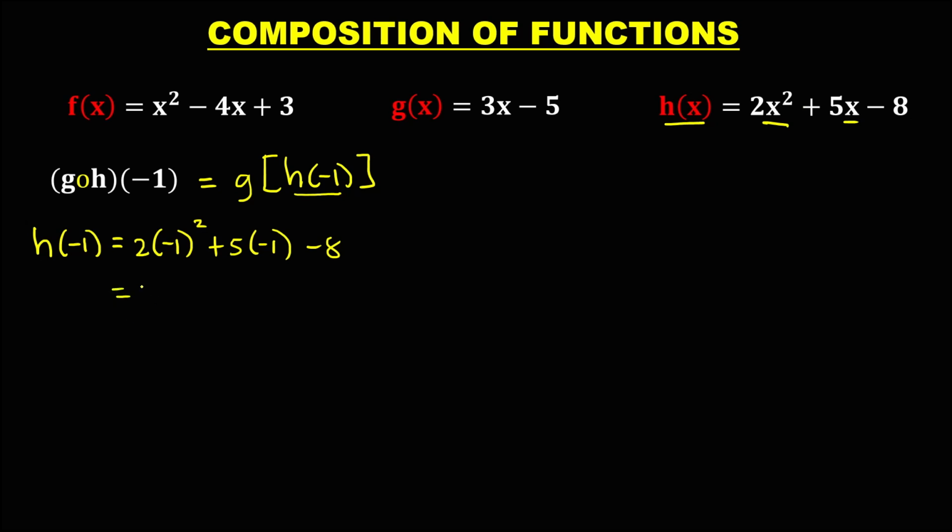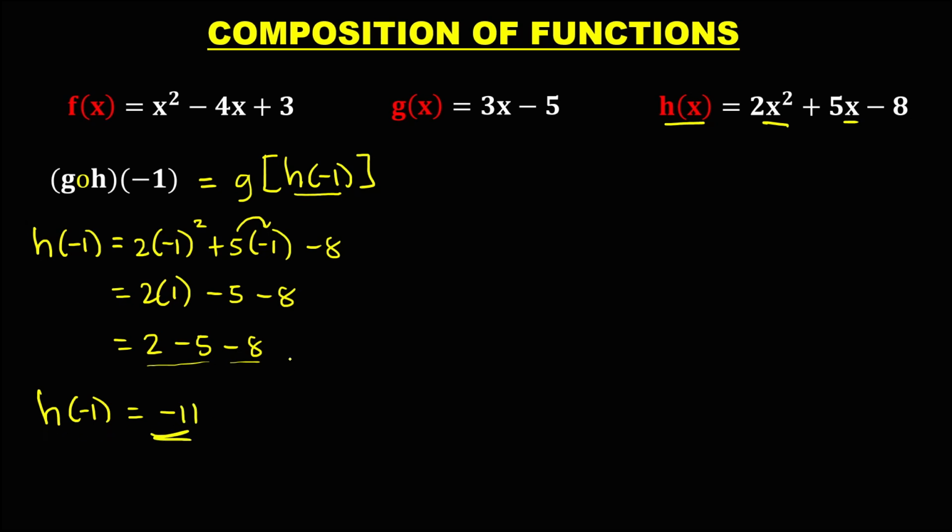Then 2 times negative 1 to the power 2, that's positive 1. And 5 times negative 1, that's negative 5, then minus 8. Or this one is positive 2 minus 5 minus 8. So therefore, h of negative 1 is equal to negative 11.